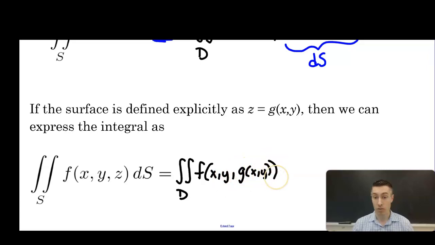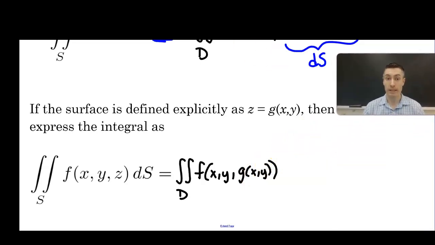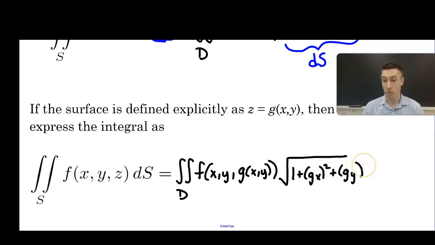So there's our trivial parameterization there. And then instead of the magnitude of the cross product, we're going to replace that part of the integral with the square root of 1 plus the partial of g with respect to x squared plus the partial with respect to y squared, and then dA. So this whole term now replaces the dS.